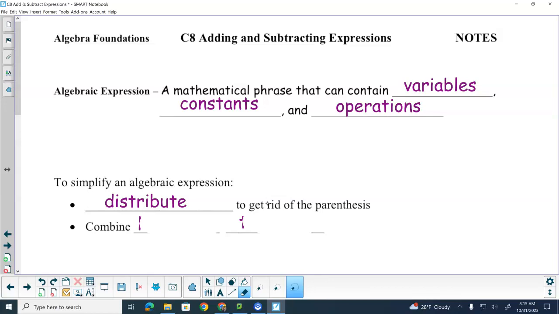Once we distribute to get rid of our parentheses, then it becomes what kind of problem? I'll give you a hint with the first word. Combine. Operation. Two words we're looking for. Like terms. Combining like terms. Combine like terms.